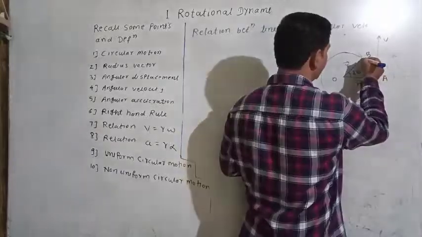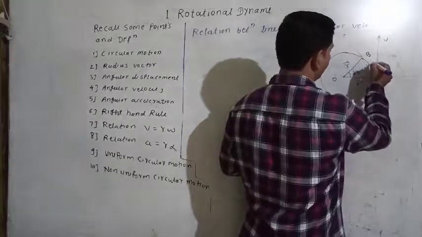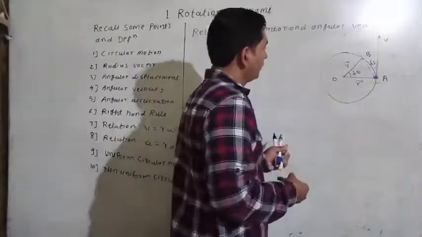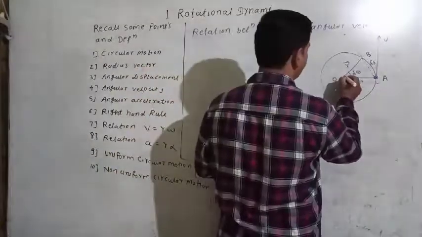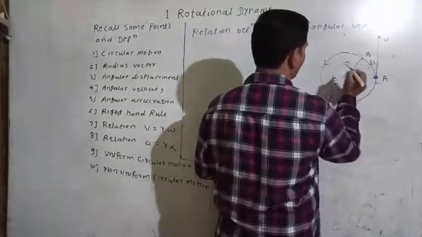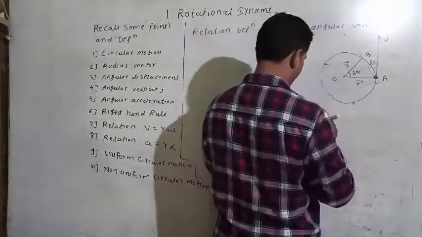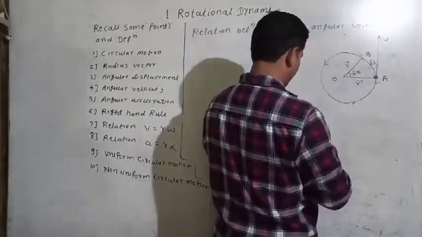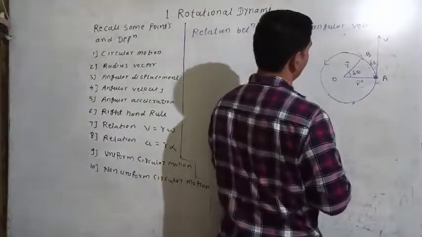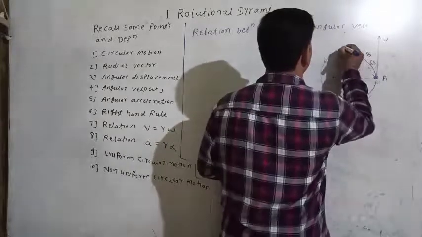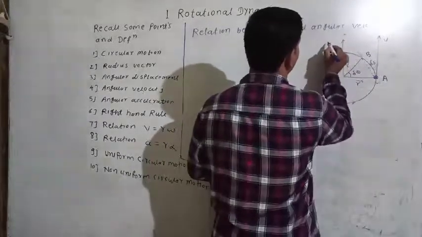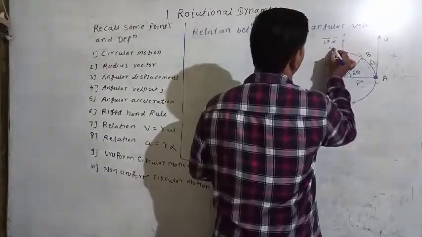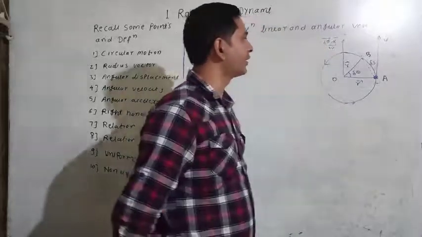From A to B it is the arc length, called arc length del S. Because it is the anti-clockwise direction, this shows the direction of angular displacement, alpha and omega, according to the right hand rule.